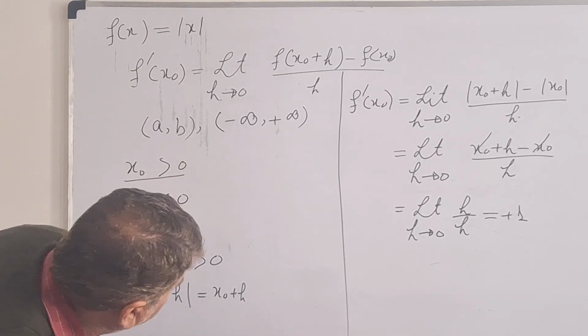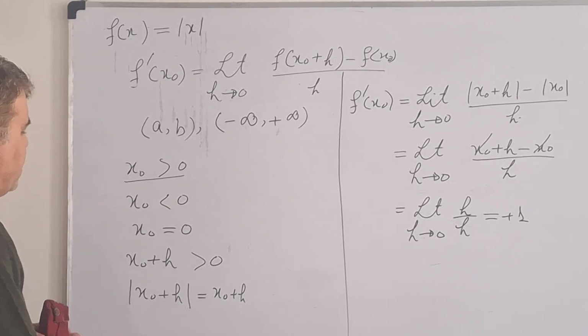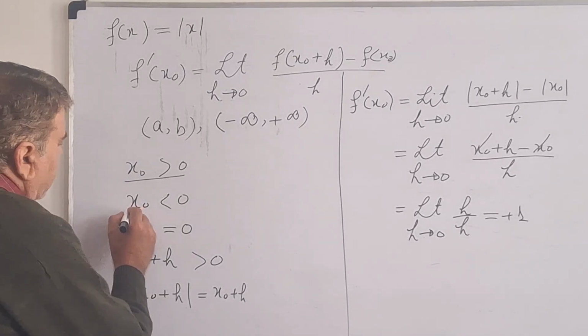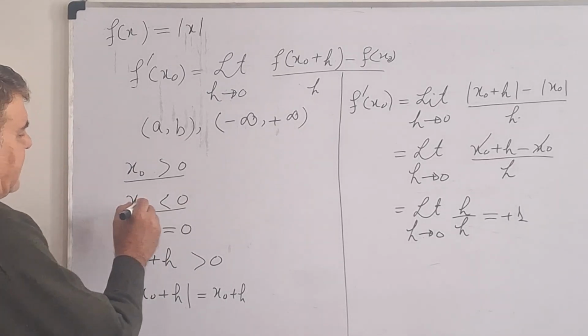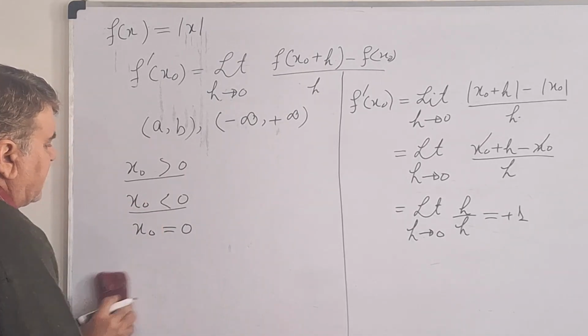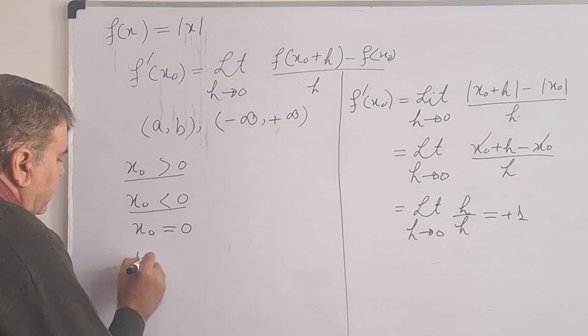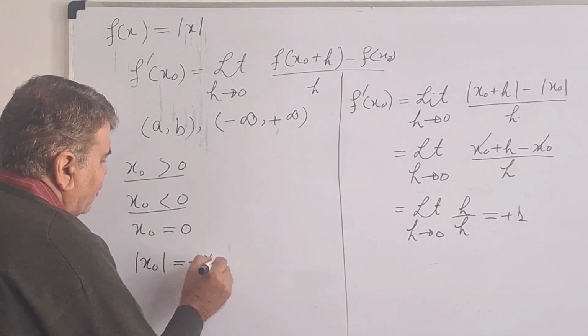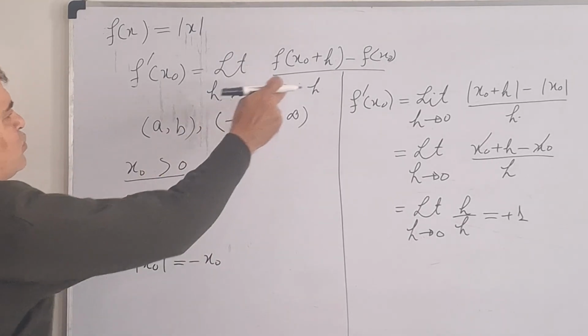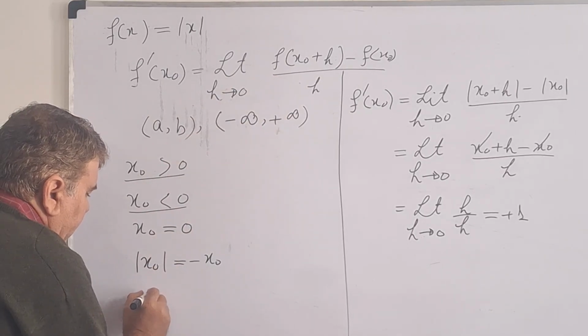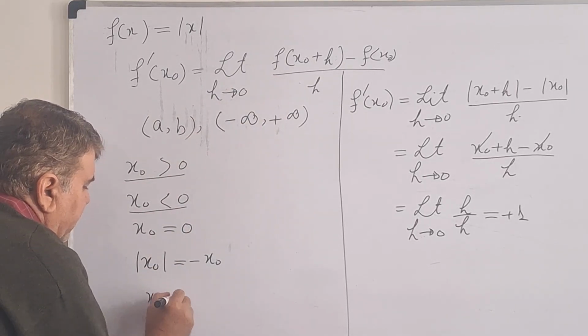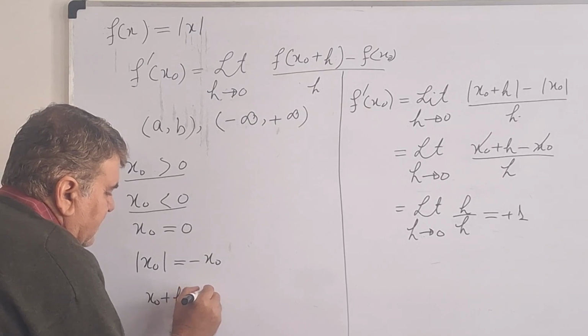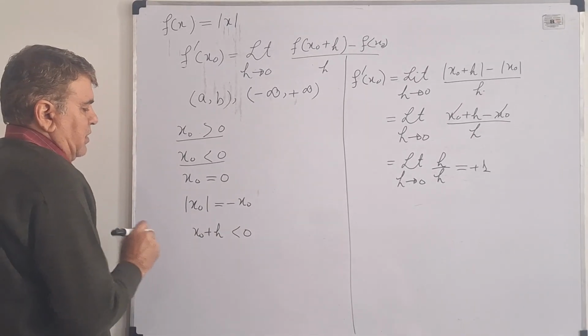Now, what would be the situation when we choose this other case? For this case, we can write the conditions like this. Mod x naught would be equal to minus x naught, and I can choose h such that x naught plus h remains less than 0.